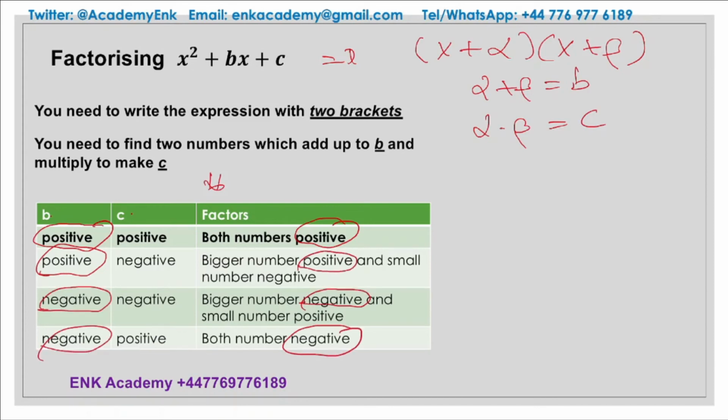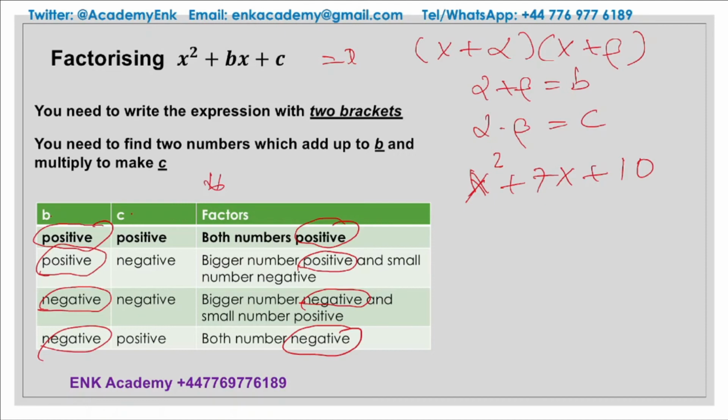Let's take an example. If we have x squared plus 7x plus 10, and we are asked to factorize it, how do we do it?